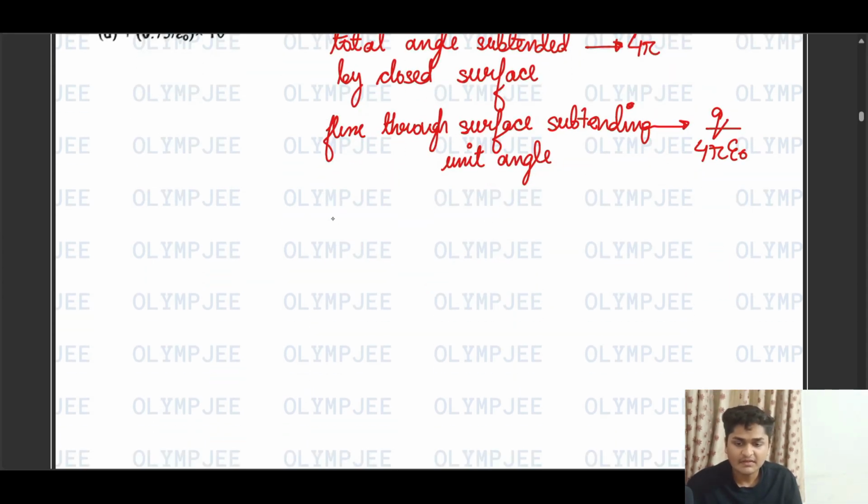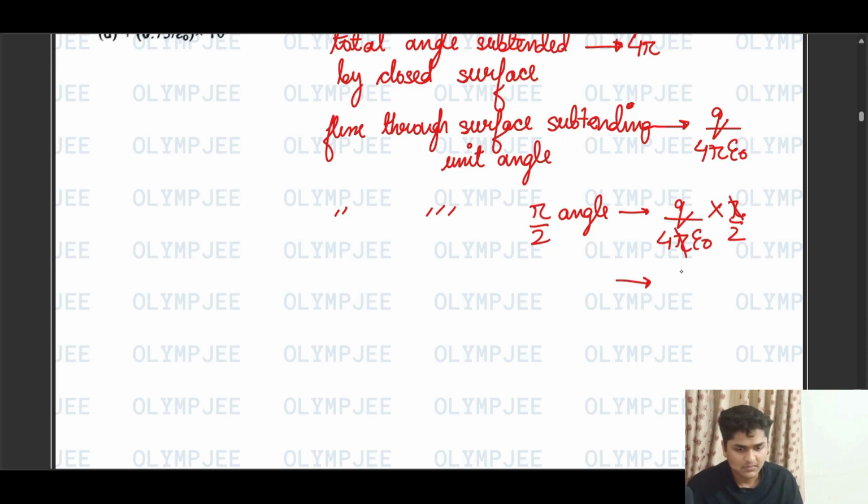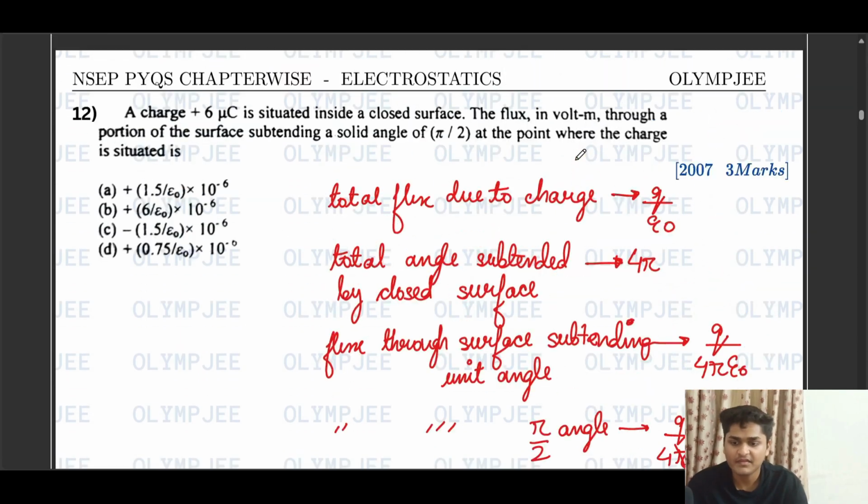So by the unitary method we will get that the flux through a surface subtending pi by 2 angle is, since Q is 6 microcoulomb, which will give us 0.75 by epsilon naught multiplied by 10 raised to power minus 6. So option D is correct.